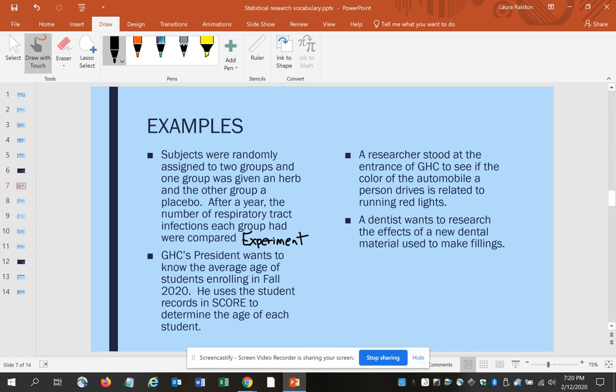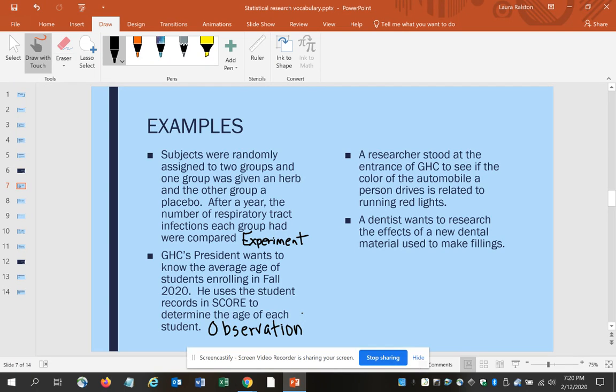Okay, so he wants to know the average age, and he's using records within SCORE. He can't change or manipulate the age of that person, so this would actually be observational. He is observing the student's age from the records in SCORE. So this is an observation or an observational study.